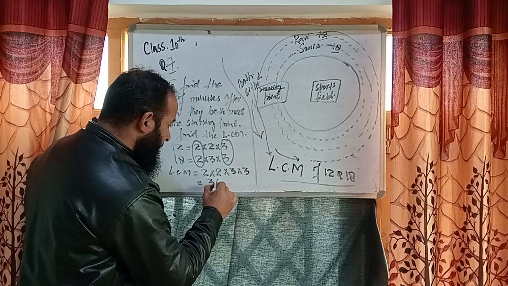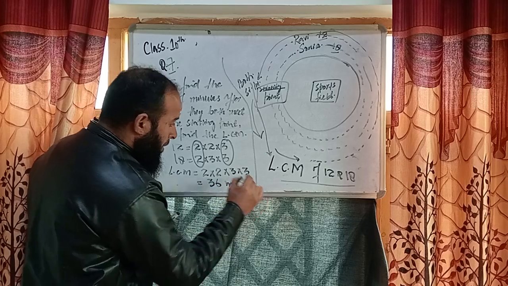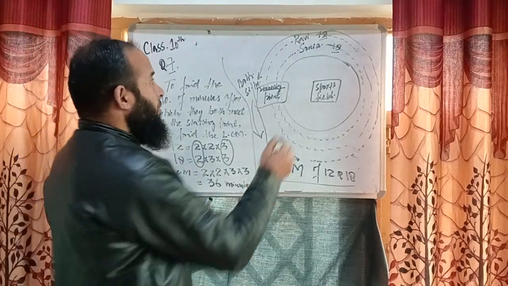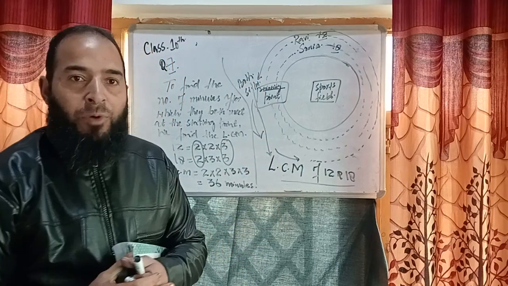After 36 minutes, both Ravi and Sonia will meet at the starting point.